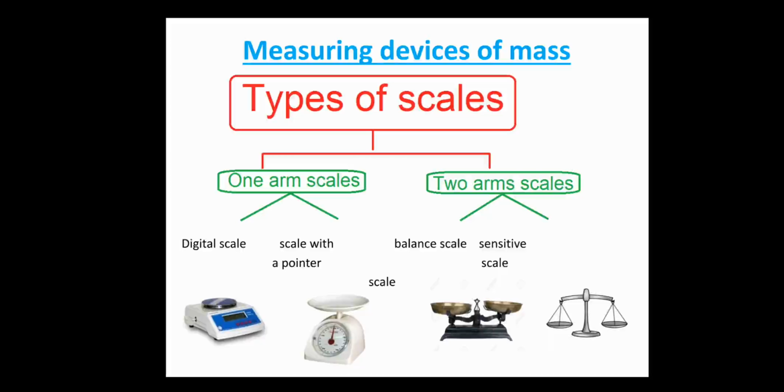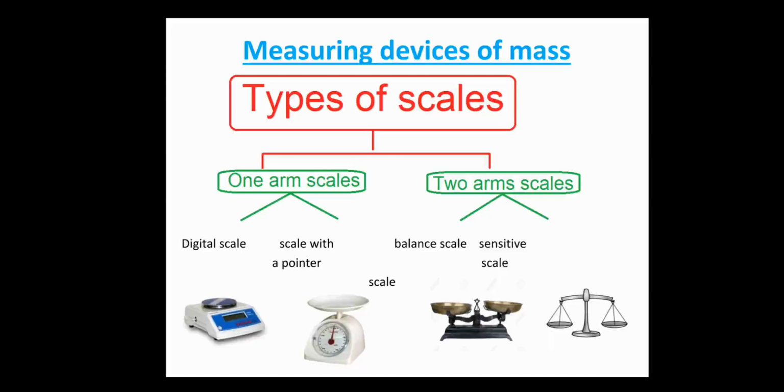Two-arm scales, there are two examples. Number one, balance scale, and this is a sensitive scale. So there are two types of scales, one-arm and two-arm. One-arm like the digital scale and scale with a pointer.